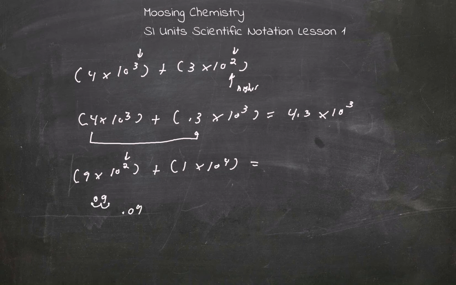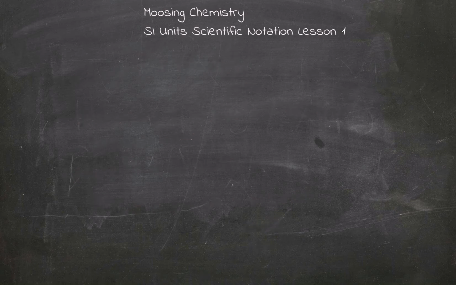So you got 0.09 plus 1 times 10 to the fourth, which is going to give me 1.09 times 10 to the fourth, which is the same thing as, you move it 1, 2, 3, 4, put zeros in there, and of course this would be 10,900.